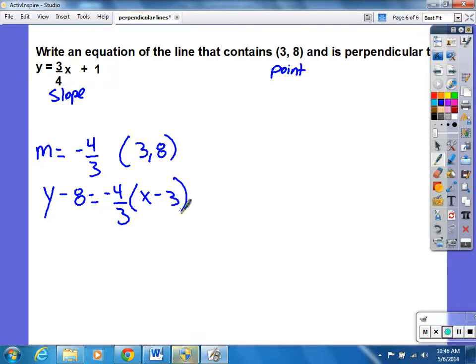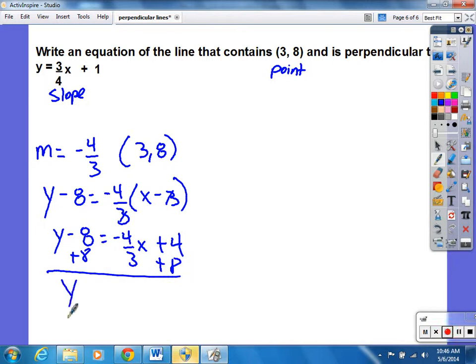We'll distribute, we will isolate, and our equation will transform to slope-intercept form. So we've got y minus 8 is equal to negative 4/3 x plus, we love when this happens, 4. We're going to add 8 to both sides. And here's our answer. y is equal to negative 4/3 x plus 12. That is everything that you need to know now about perpendicular lines.